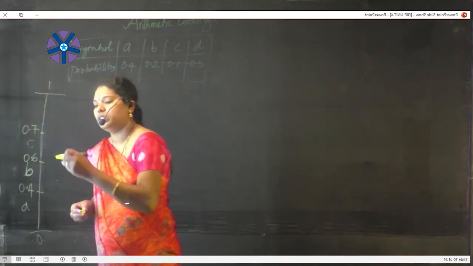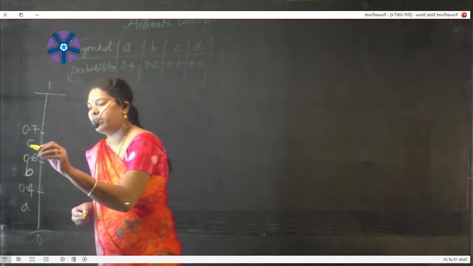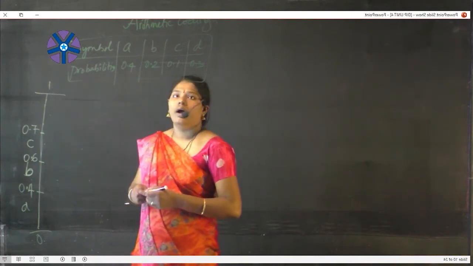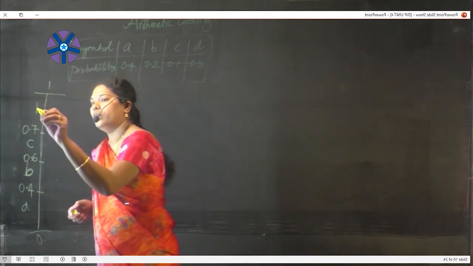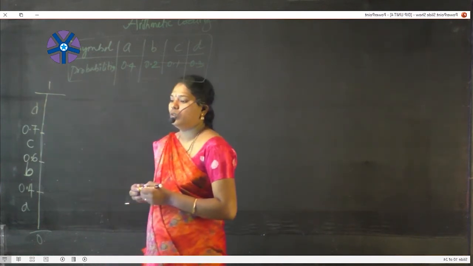Here C is ranging from 0.6 to 0.7, and D is 0.3, so 0.7 to 1. The range of D is 0.7 to 1.